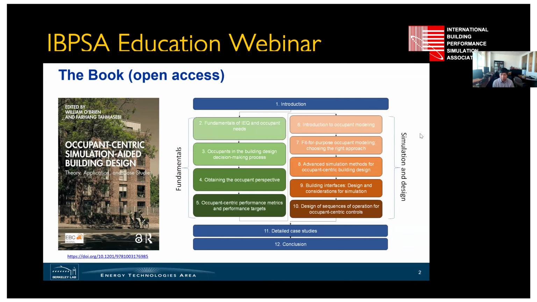And I'm going to talk about chapter 5, occupant performance metrics and performance targets. On the right, there are also 5 chapters more focused on simulation approaches and how to apply those techniques in a building design process, so we ensure we design a building not just energy efficient, but also comfortable for occupants, and that ensures their health and productivity.